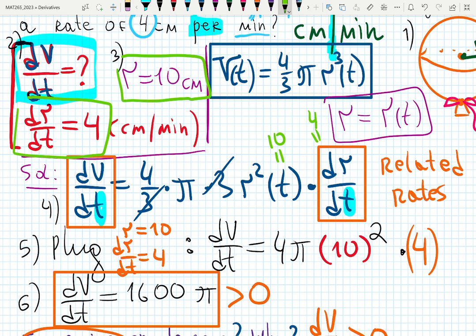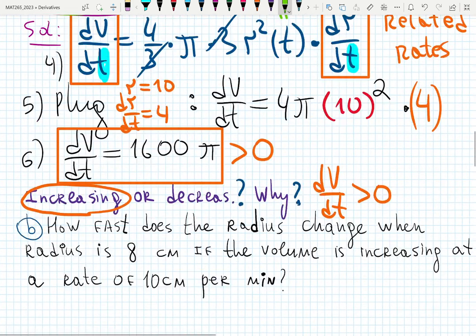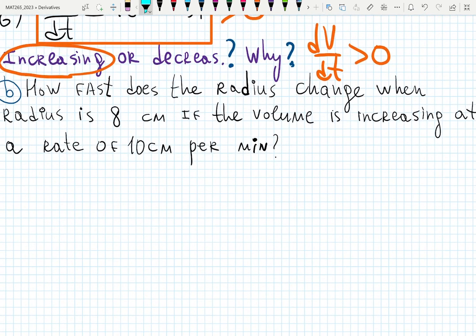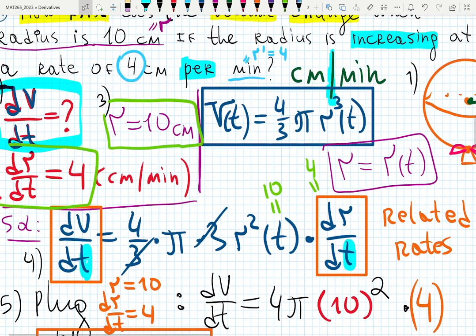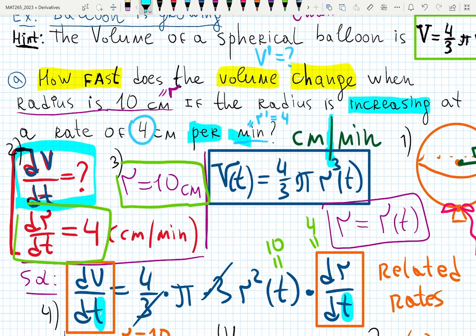How do we know what the question asks? You have to read. My second question changes the order. Check it out. How fast does the radius change? That's dR/dt. They're asking it here with respect to minutes, so it will pop out at some point per minute. If they say with respect to radius, then you know it's the easy one, but usually in this chapter they will not do the easy one.